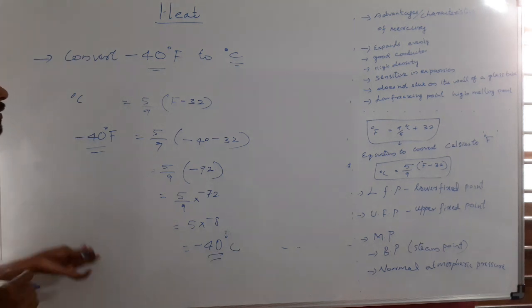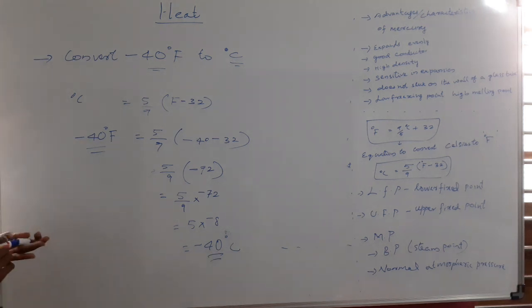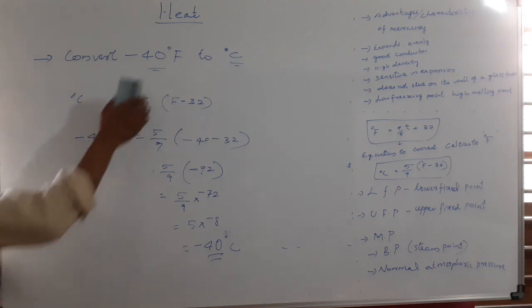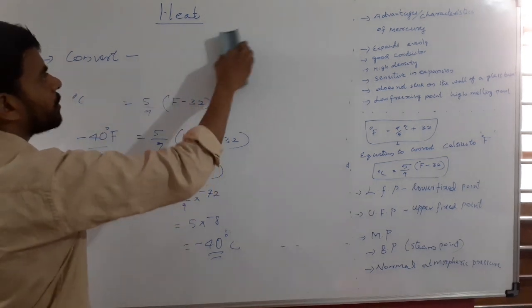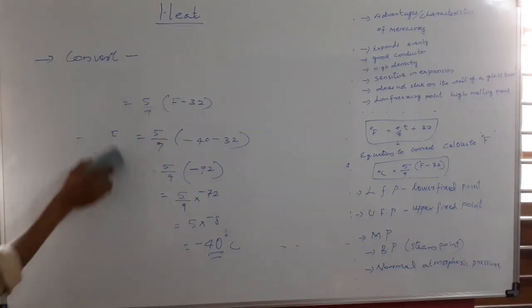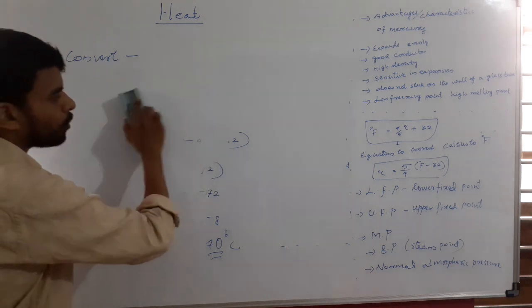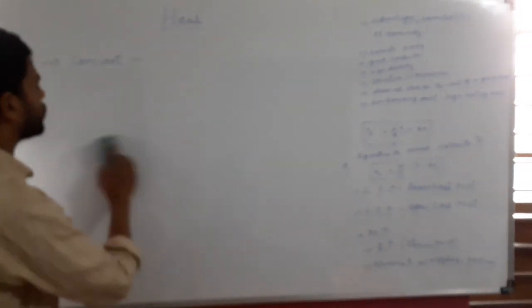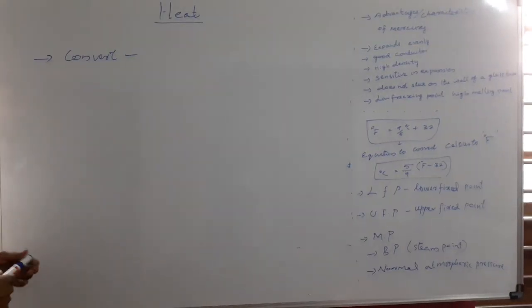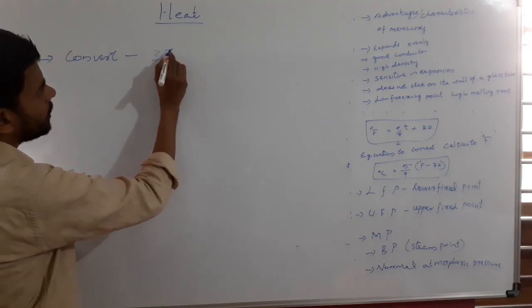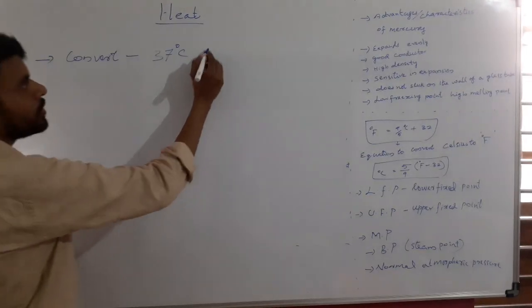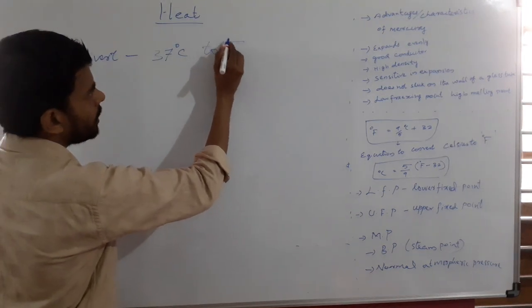Okay. For example, now we can try to convert Celsius to Fahrenheit. For example, we can try to convert our own body temperature. So, for example, convert 37 degree Celsius to degree Fahrenheit. What is asked? Fahrenheit is asked.